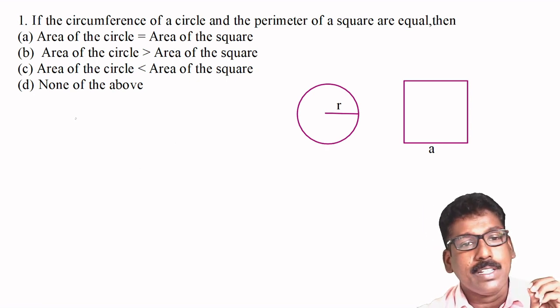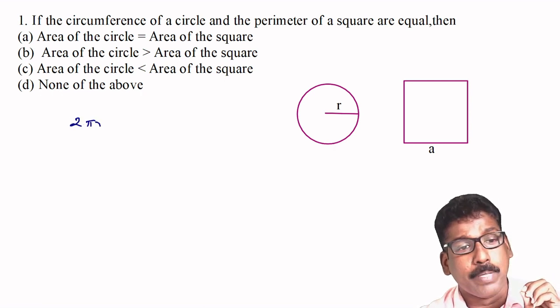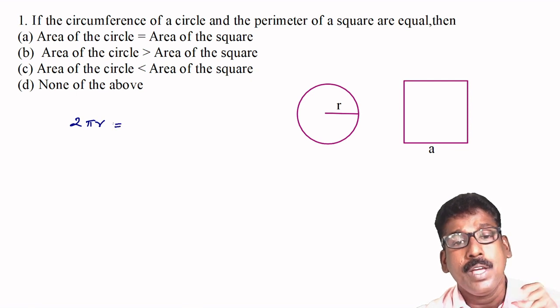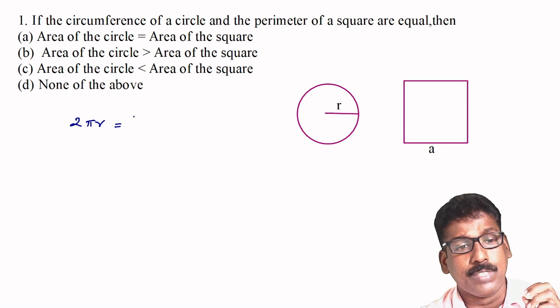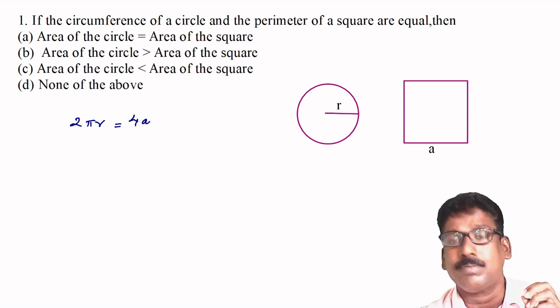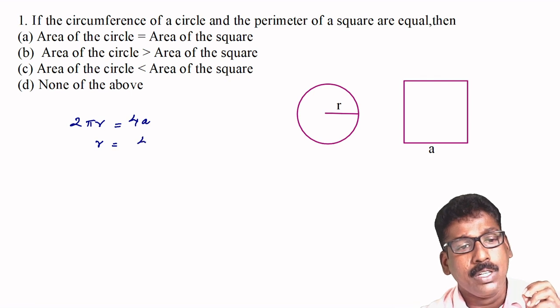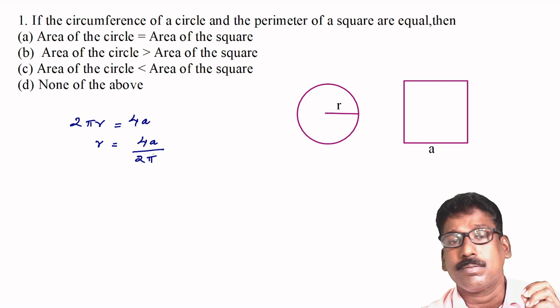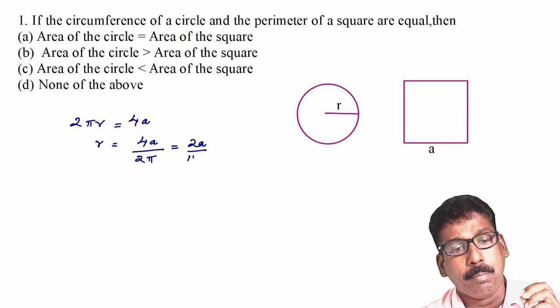According to the question, circumference of a circle with the radius r, you know that it is 2 pi r, is equal to perimeter of the square with the side a, which is 4a. From this you can get the value of r. r will be 4a by 2 pi, which is equal to 2a by pi.